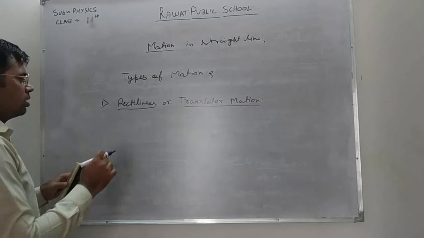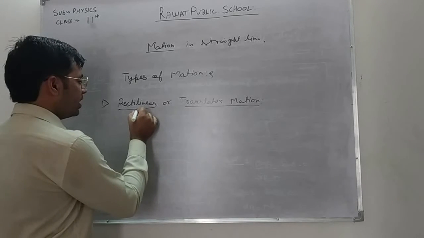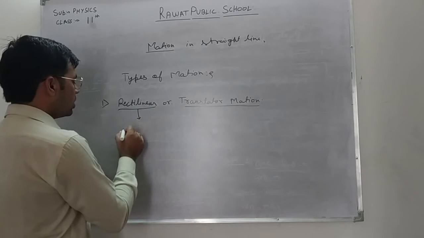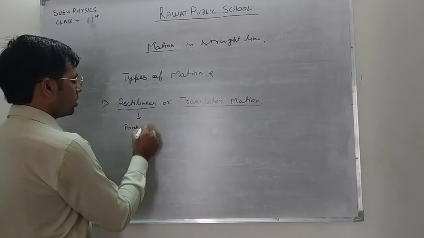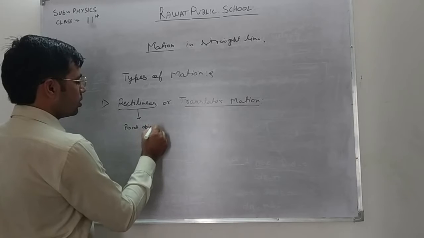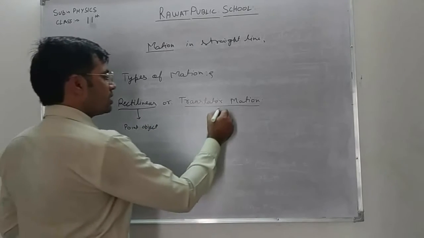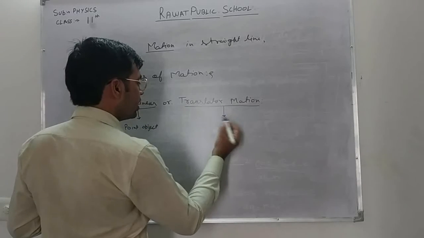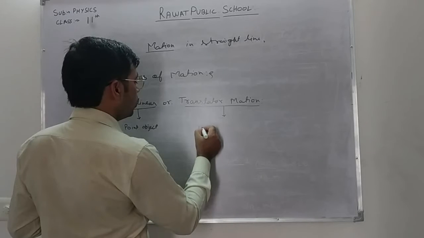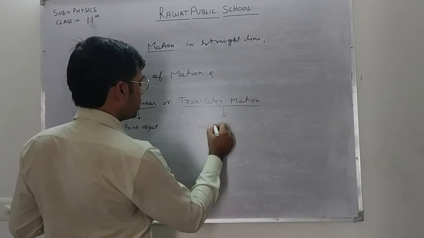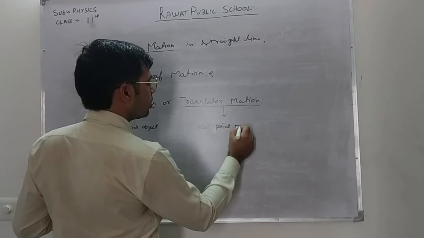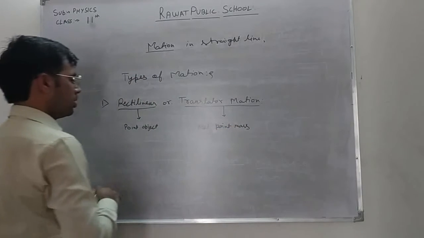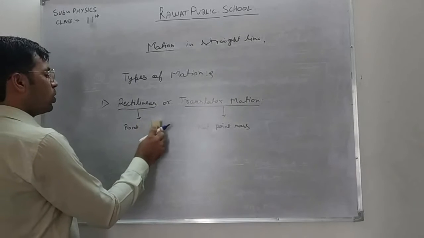There is only a small difference. Rectilinear motion, we will call this in the case of a point object, and translatory motion is in the case when the object is not a point.